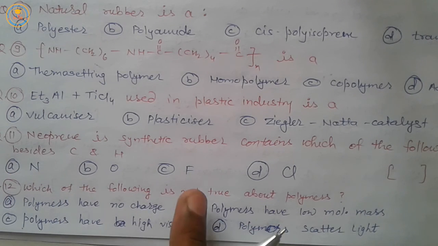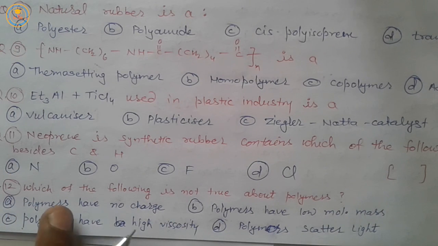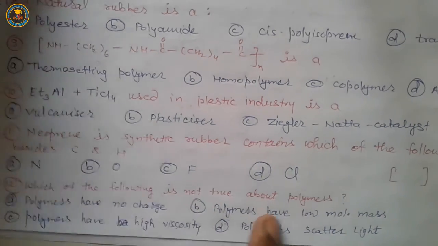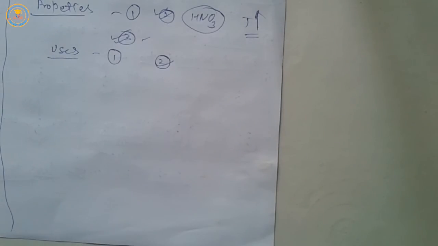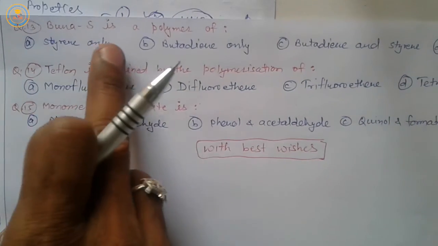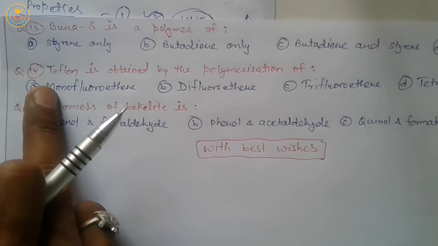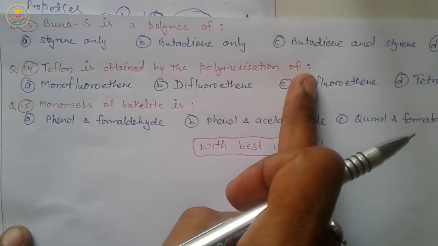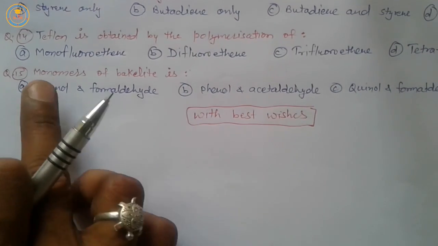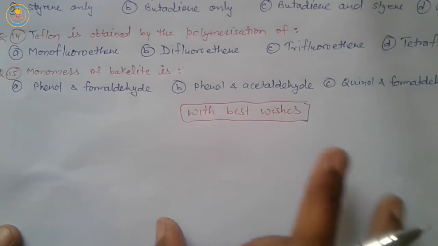Nitrogen, oxygen, fluorine, chlorine. Question 12 is, which of the following is not true about polymers? Question 13 is, Buna-S is a polymer of. Question 14 is, Teflon is obtained by polymerization of. And the last is, monomers of bakelite are.